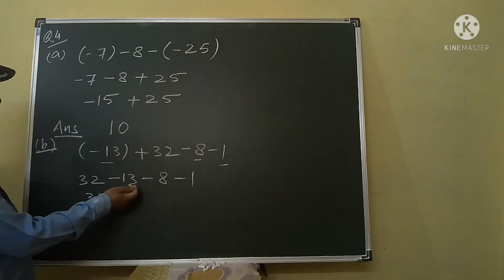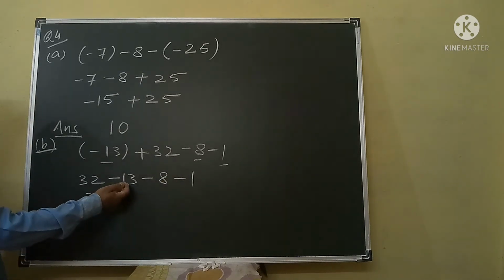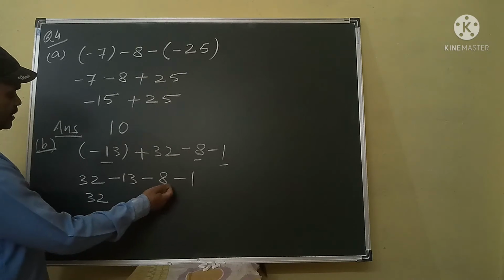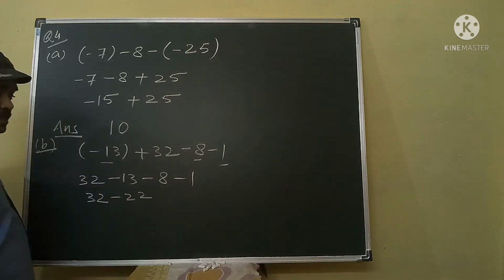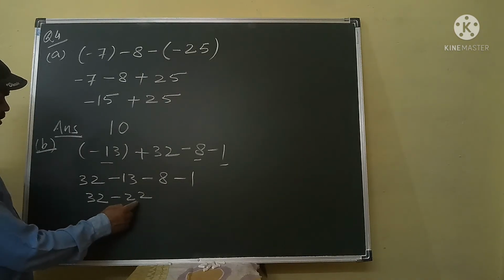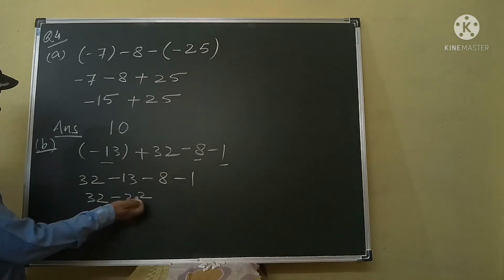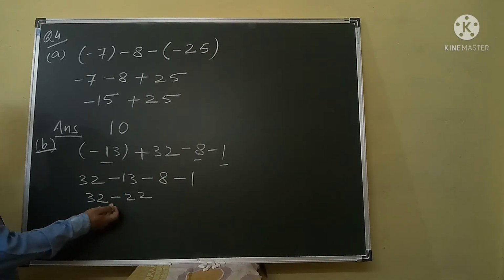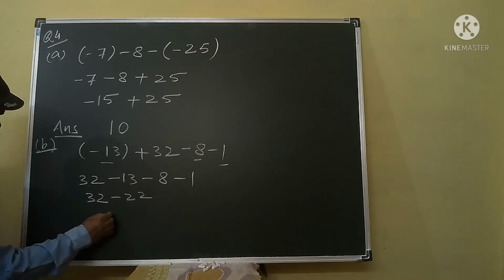And negative integers are always added. Minus 13 minus 8 minus 1 gives minus 22. Then 32 minus 22 gives 10.